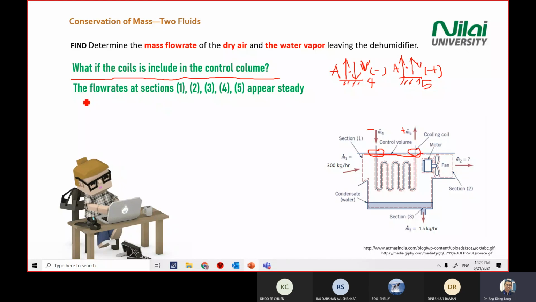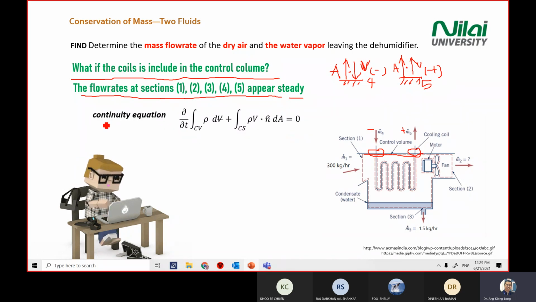Normally the question will mention that if you need to consider the flow from the coil, then 1, 2, 3, 4, 5 will be steady flow. We assume steady flow. In a real scenario you won't have steady flow, but for this tutorial question we assume it's steady.